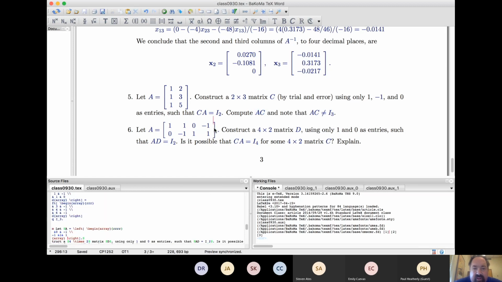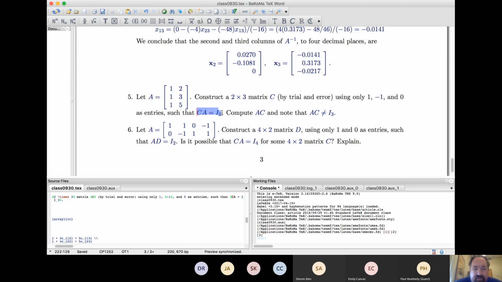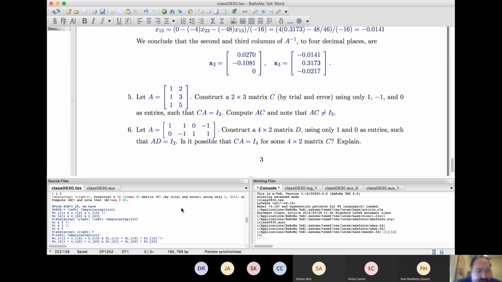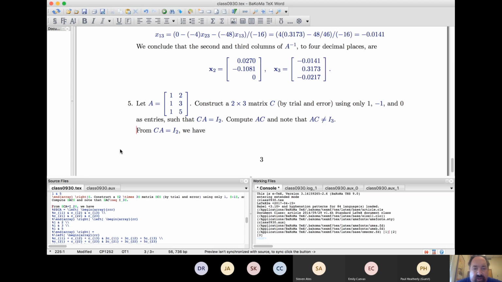All right. So we're trying to solve this equation for a matrix C that's 2 by 3. So what needs to be done is to write out what that actually looks like. I have this equation in matrix form, but I need to write this out entry by entry.